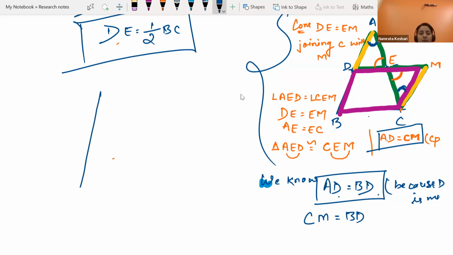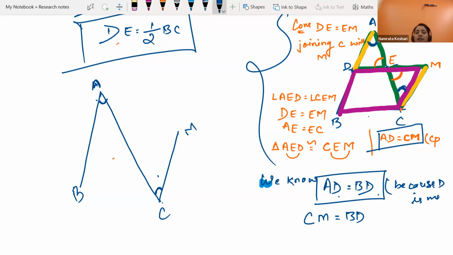If angle A is equal to angle C, can we say that CM is parallel to AB? Yes or no? Yes, ma'am. Yes, everyone.